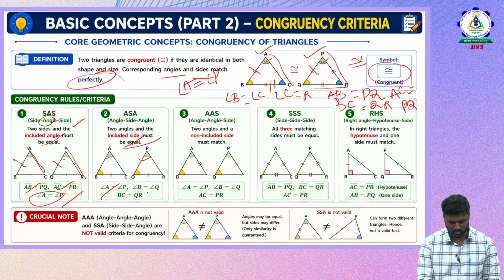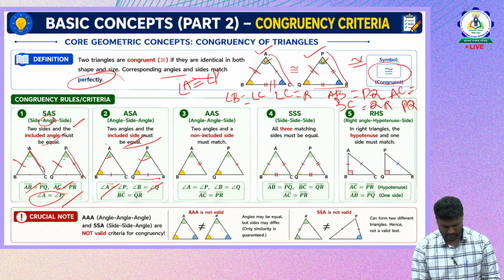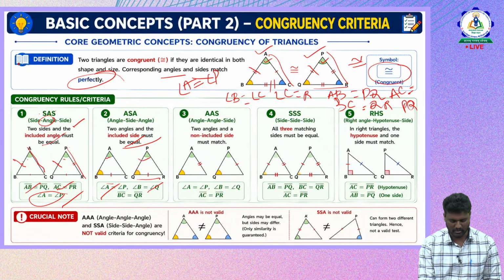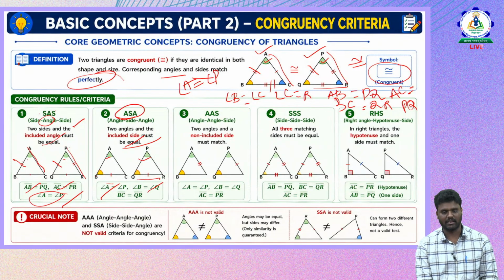Angle B and angle Q also correspond, so it is satisfied. Side BC is equal to QR, and this side is formed from the combination of angle B and angle C, so this is angle side angle. When triangles are in this condition, both triangles are congruent based on the angle side angle criteria.